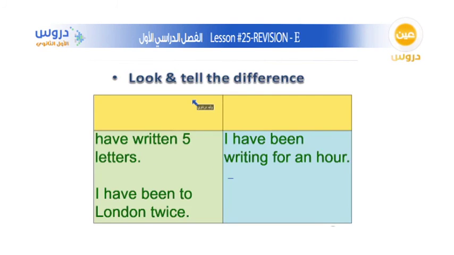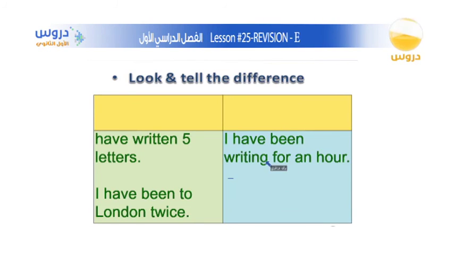The first box here: the present perfect, for number of times the verb has been done. Alright, you were saying that, Miss Yasmin, this is the present perfect, right? Number of times.